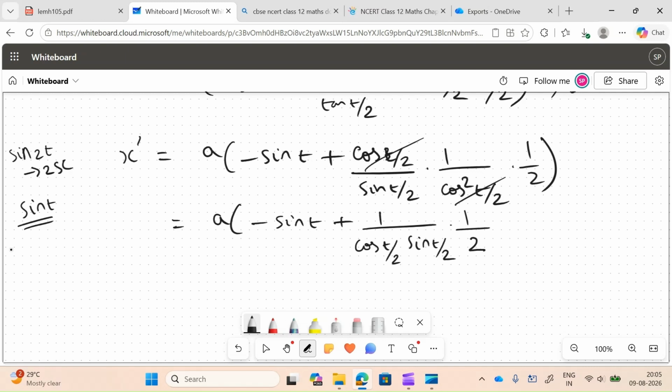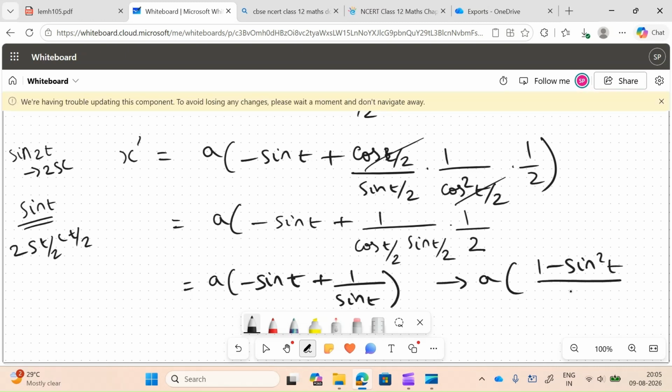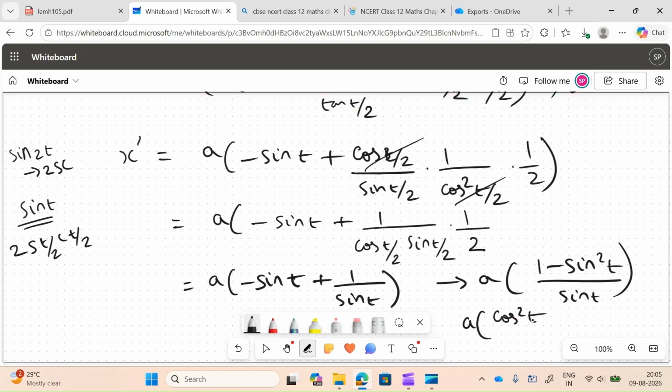So sin t can be written as 2 sin t by 2 cos t by 2. So you will get a of minus sin t plus 1 by sin t. So it will be nothing but a of 1 minus sin square t by sin t. So this will be a of cos square t divided by sin t.